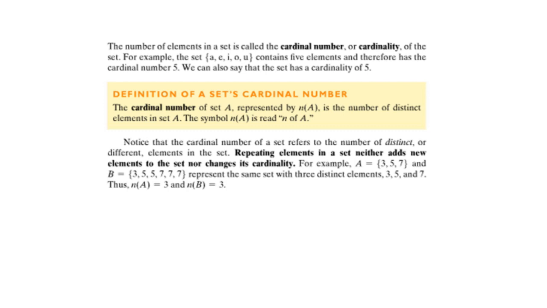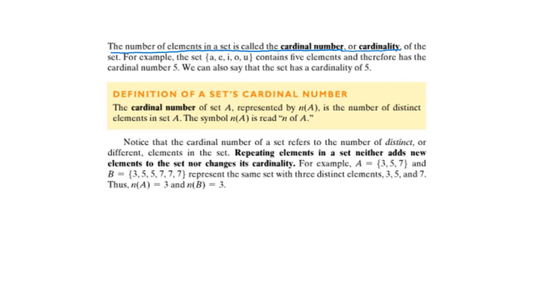We have a new definition here. The number of elements in a set is called the cardinal number, or the cardinality, of the set. So the number of elements means you're going to count how many items are included in that set. When it says the cardinality, the answer should be a value.